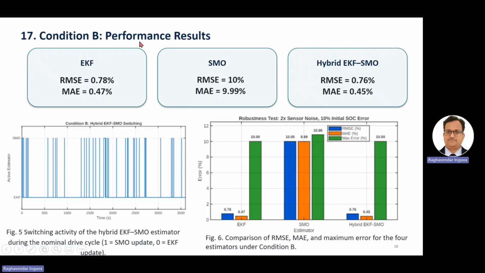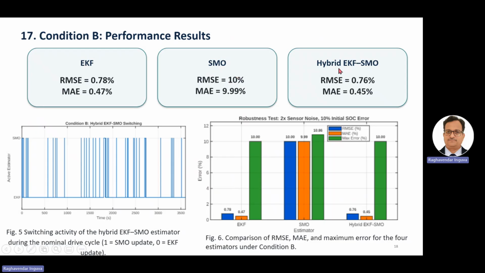While doing condition B, we have considered non-Gaussian noise and initial sensor error. The EKF RMSE is found to be around 0.78%. When you compare with SMO, SMO is much higher, which is 10%.